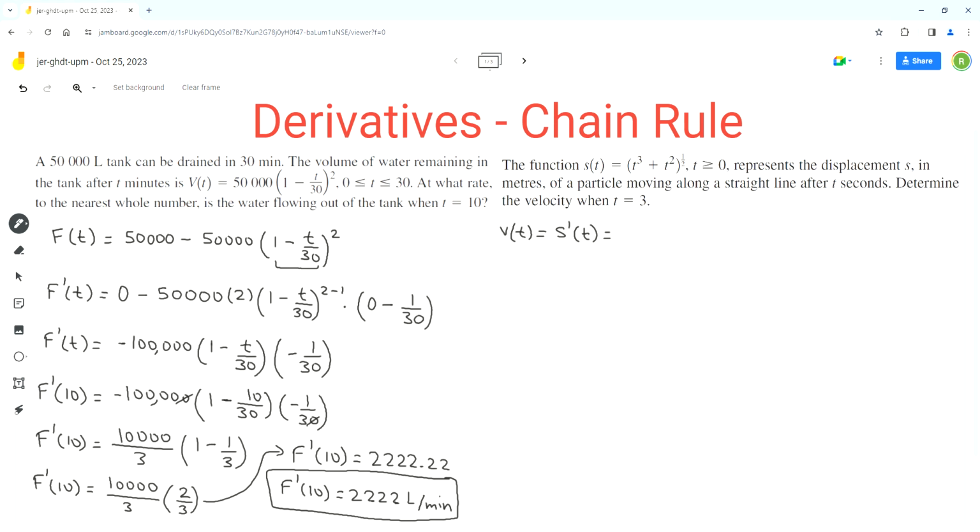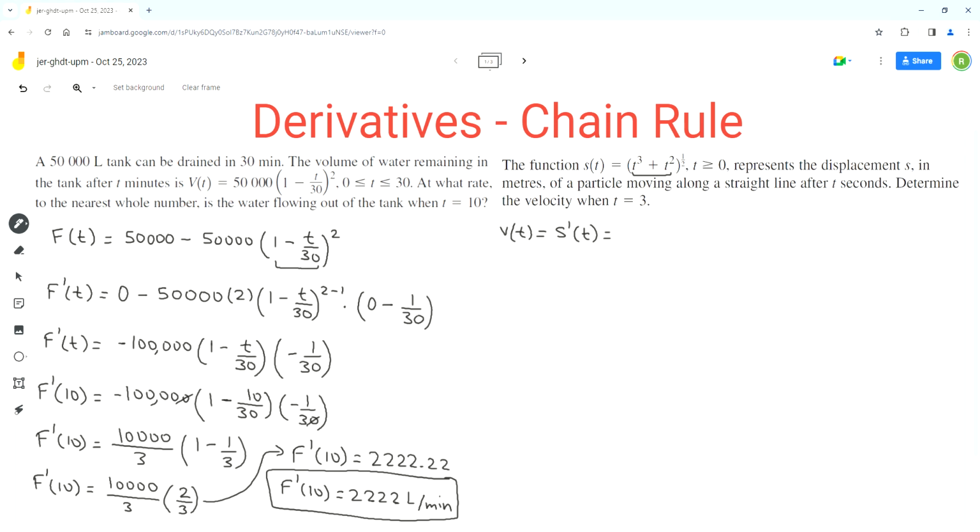So for this expression we'll have to use the chain rule. Now for chain rule we have to identify the inner function and the outer function. So the inner function is t cubed plus t squared, and the outer function is the exponential function with exponent half. So we start with the derivative of the outer function, and for that we'll use the power rule.